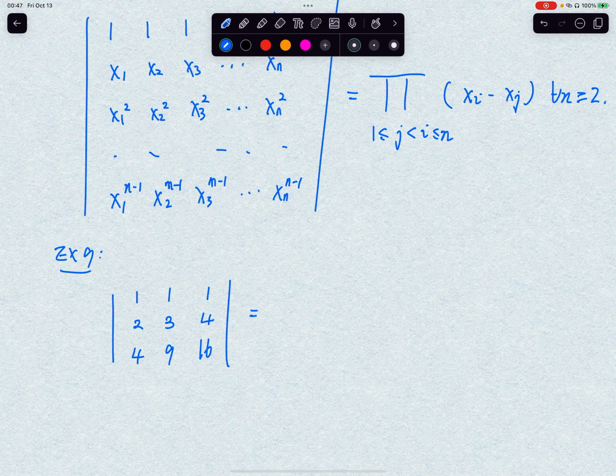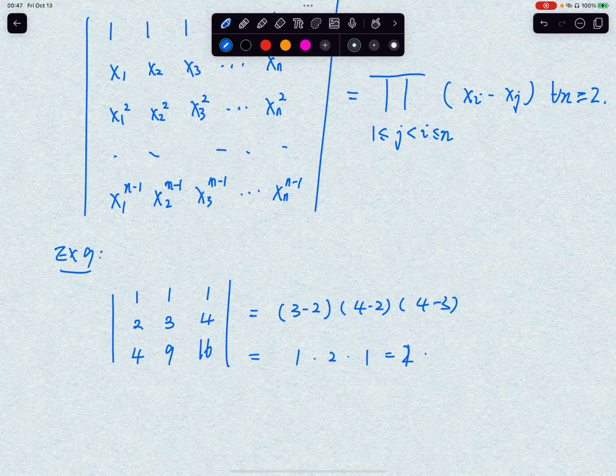So let us just apply the formula, the product of xi minus xj. That is 3 minus 2 times 4 minus 2 times 4 minus 3. And this equals 1 times 2 times 1.